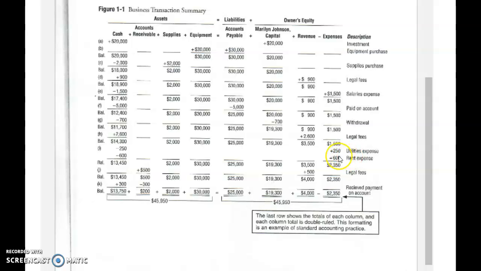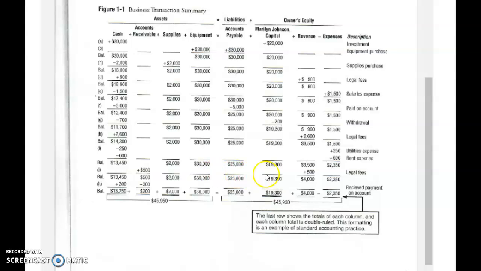You don't just want to lump it all together and say $850. You want to show, if it's utilities, $250, and rent, $600, you want to show them separately because you want to make sure that you record them properly for accounting purposes. And you'll also show them separately here in cash because you've paid cash for them.